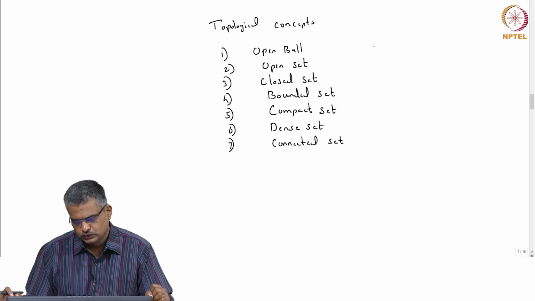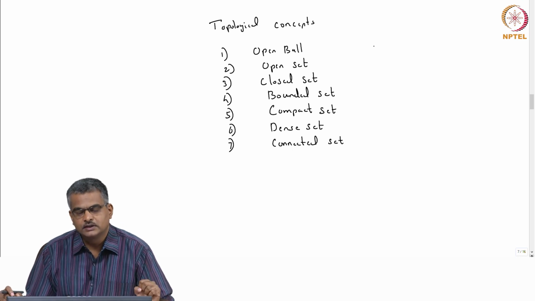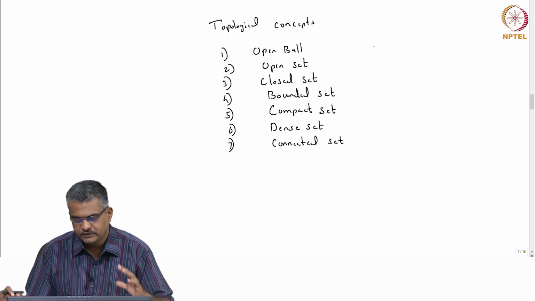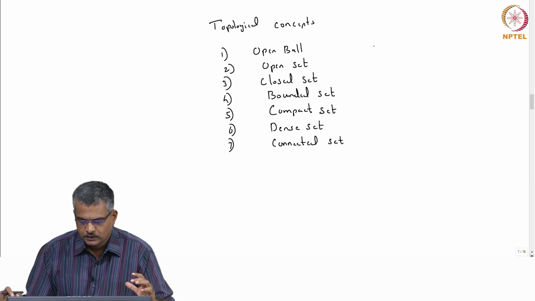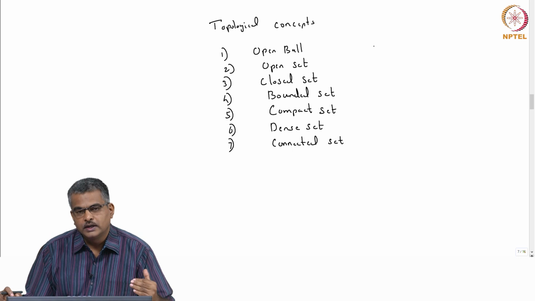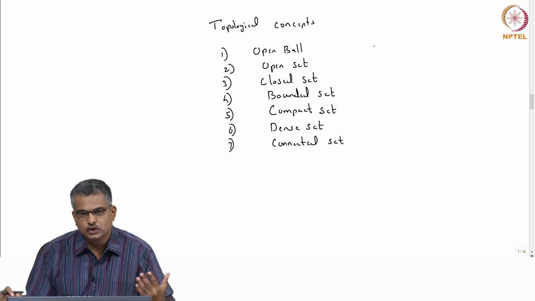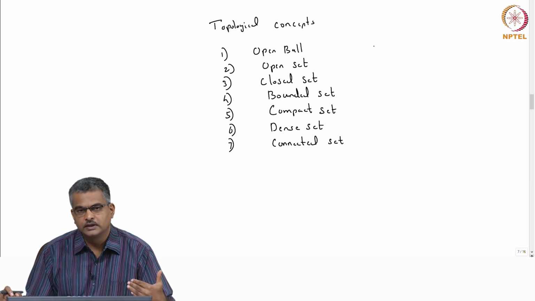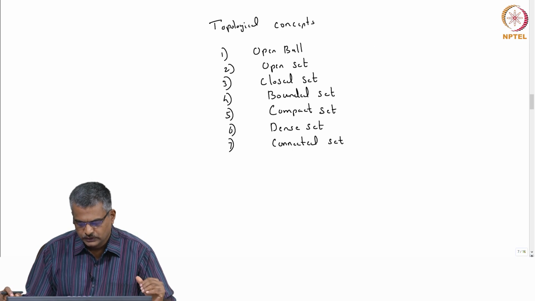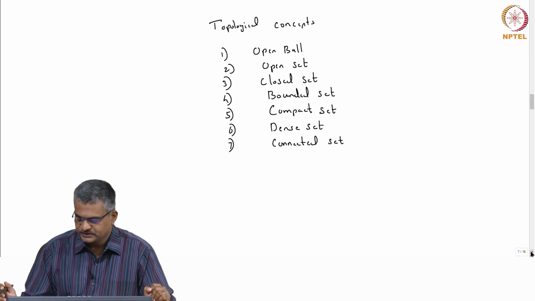The objective is that we should know the definitions of these sets, how the definitions are built. We should also be able to identify when a set is open, when it is closed, when it is compact, and so on. This is the objective of understanding the math preliminaries behind this course. So, we will begin with the notion of open set.